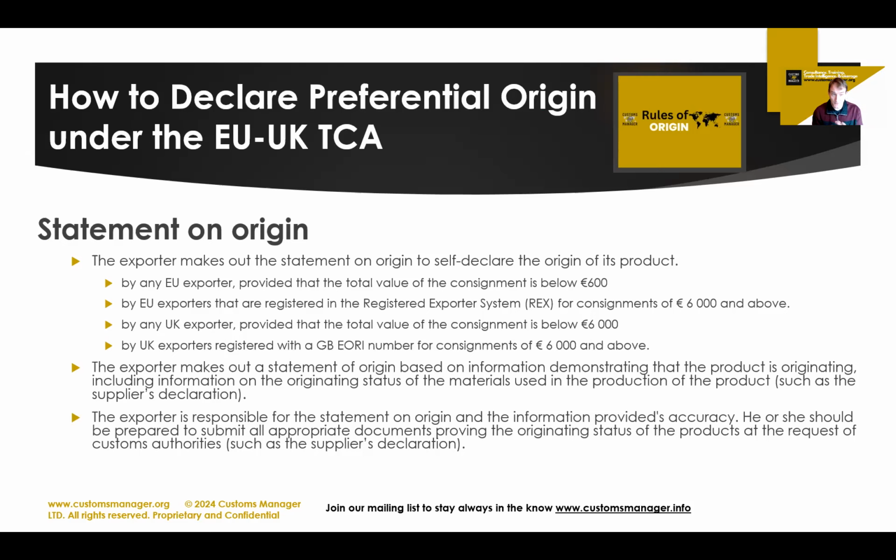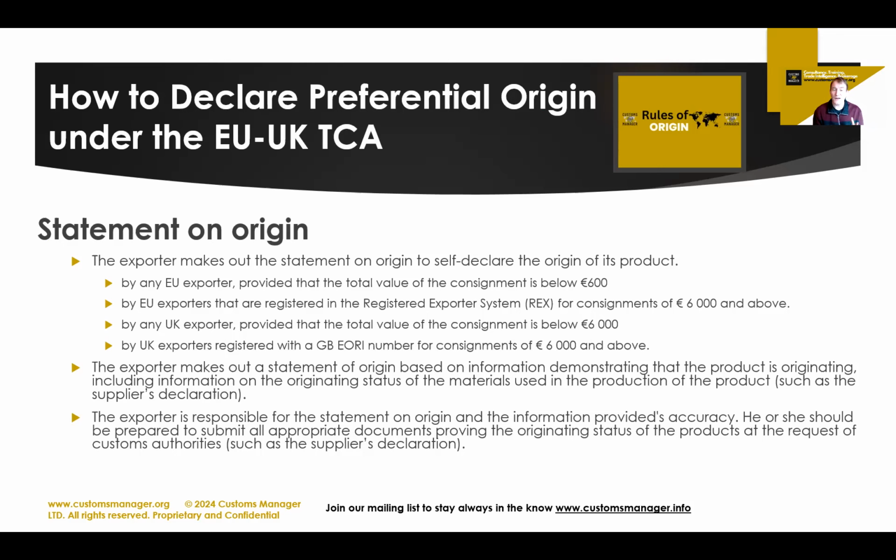I'll talk about this more. If you're a UK exporter, again, you can provide a statement on origin on shipments with a consignment value below 6,000 euros, equivalent in pounds. And equally, if you are a UK exporter and you have more than the equivalent of 6,000 euros, then you now need a GB EORI number. You do not need a REX number because this system does not exist in the UK.